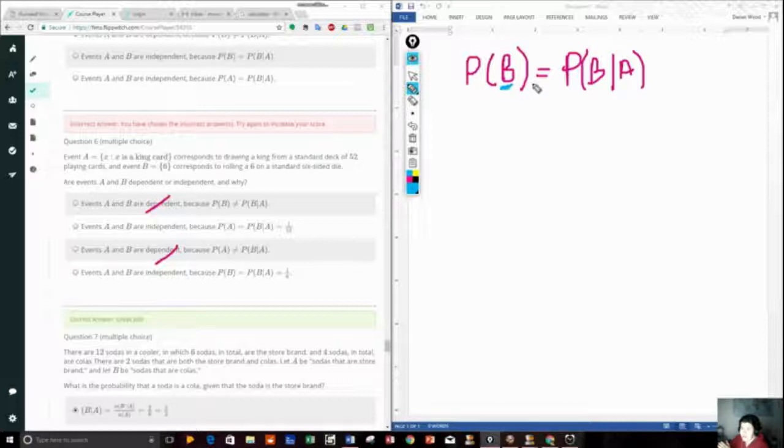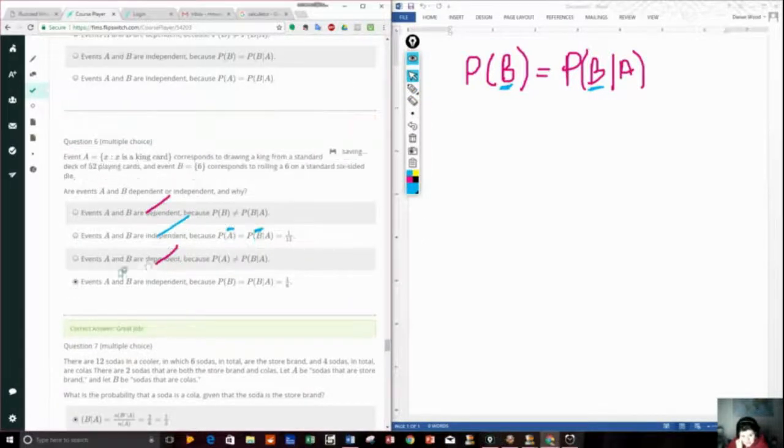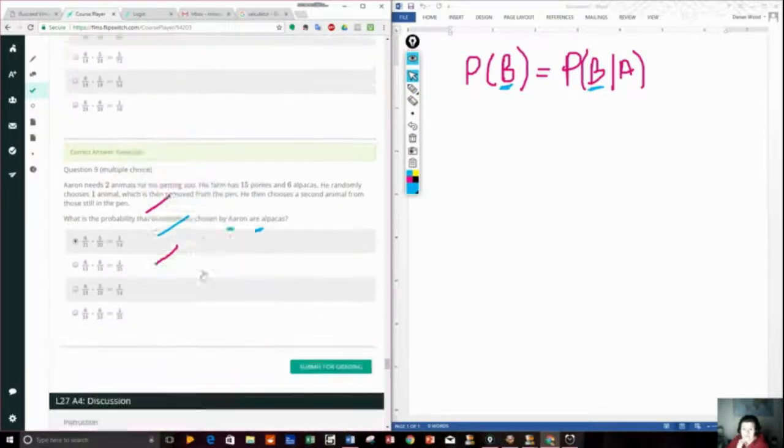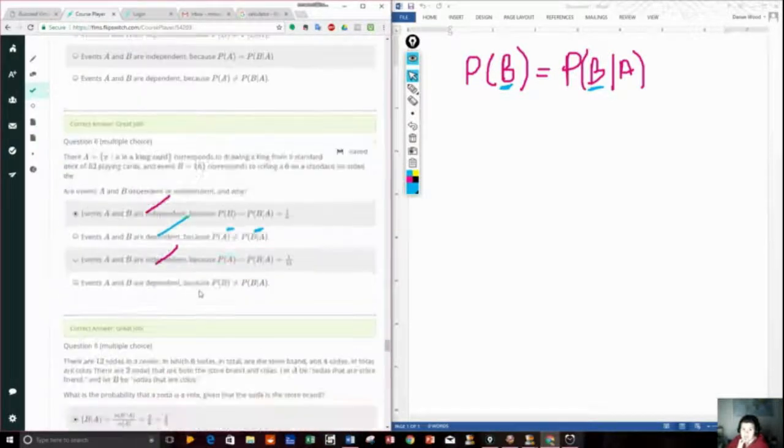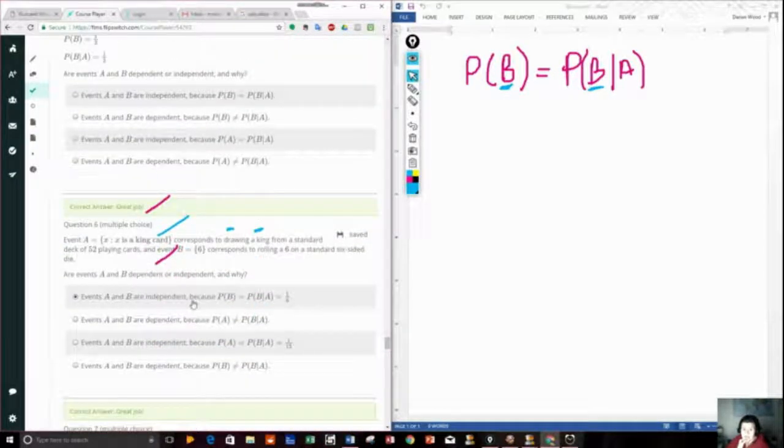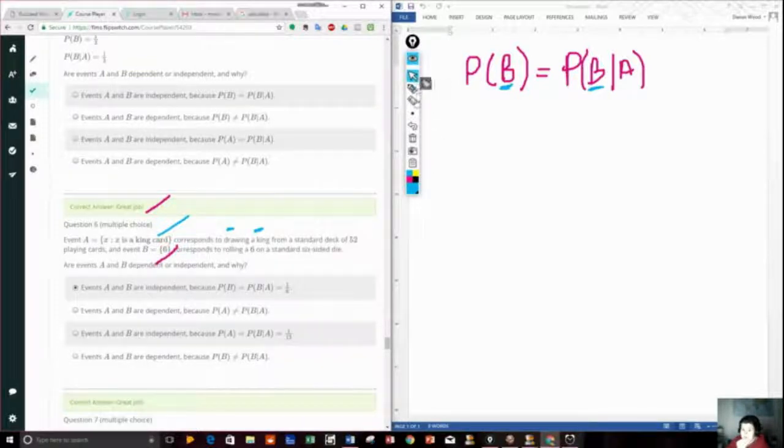This B was positioned in the first place. So then if I have the probability of A, the A should be in the first position. So just by observation, I'm going to eliminate that one. And let's select this one and just see if it is correct based on observation without doing any calculations. And yes, it was. So now, why was it?